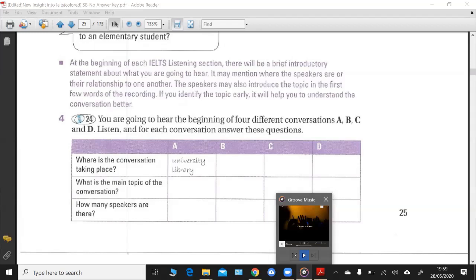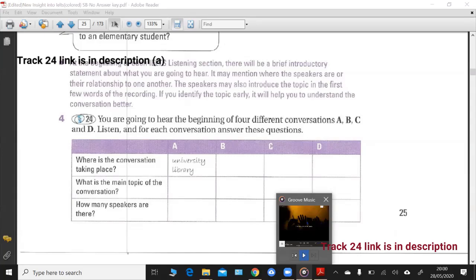What is the topic? New tunnel construction, traffic, something like that. Number of speakers? 2. Yes, that's right. Okay, we'll go to the next one now.